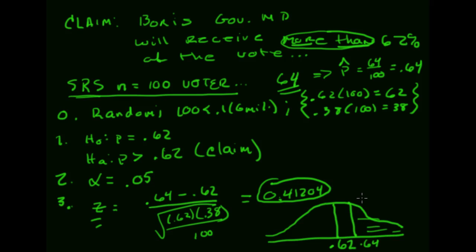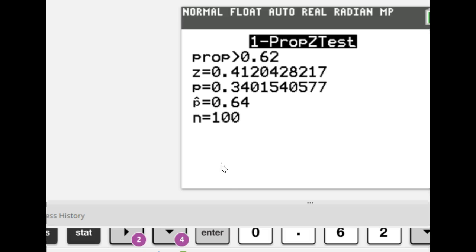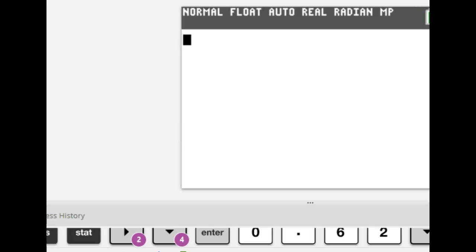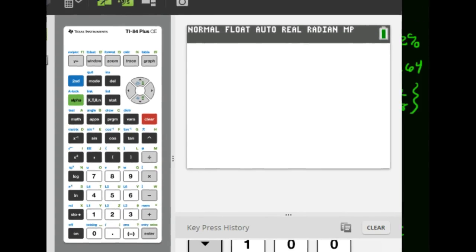I can work that out with a normal CDF from this number to 9999. Let me bring up the calculator. Let me clear that out, and see if I can make that smaller.